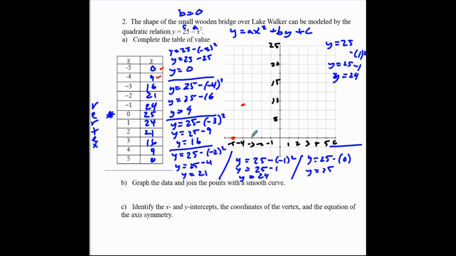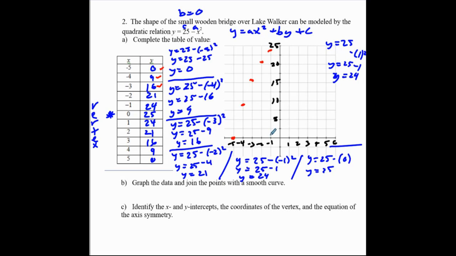At -3, 16. Now, you could do this with your graphing calculator or Desmos and probably save some time and worrying about graphing. But it is important to have the skill that we can graph as well.